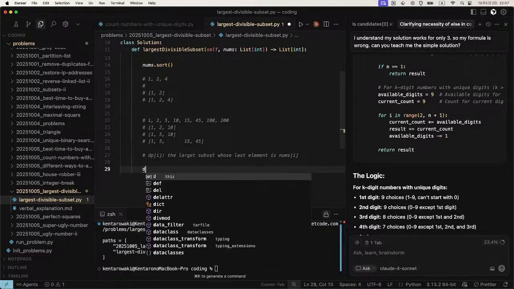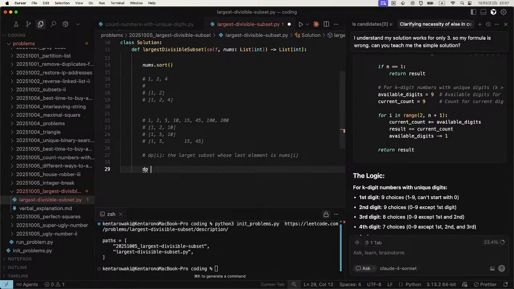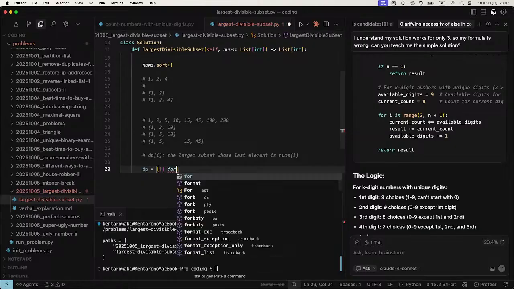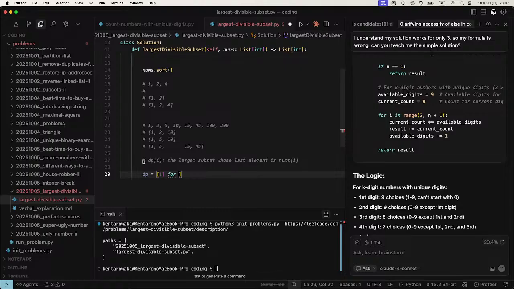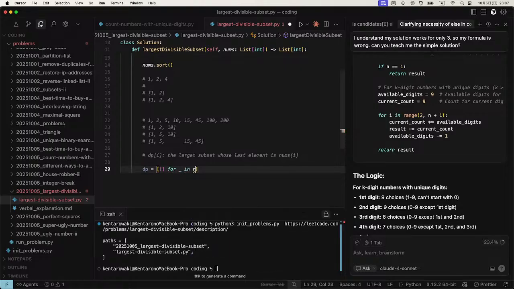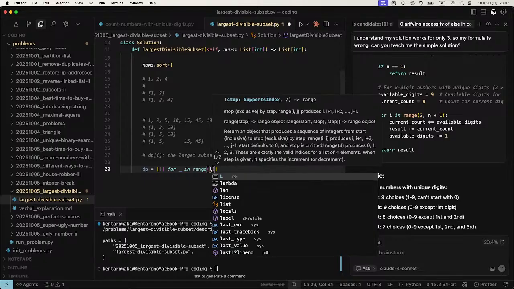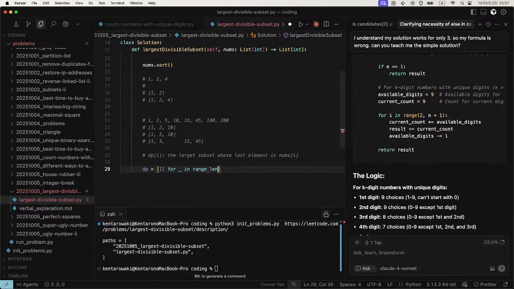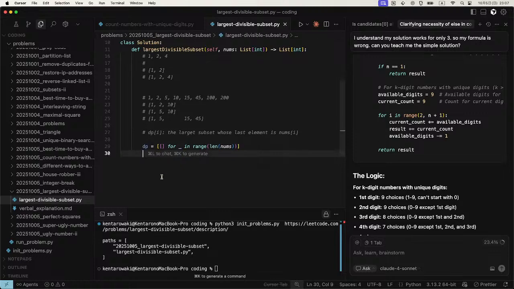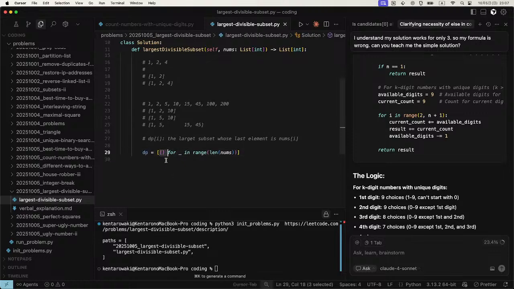So we initialize the dp arrays, for i in range len nums. This is this subset, and dp0 is dp nums 0.